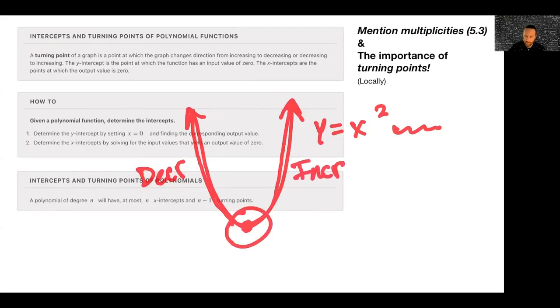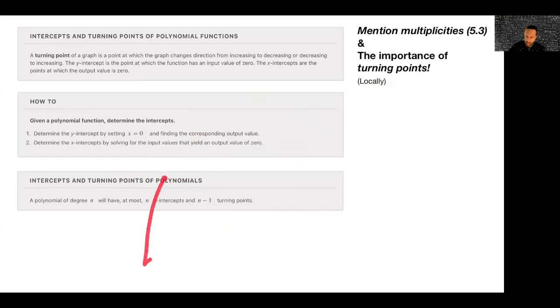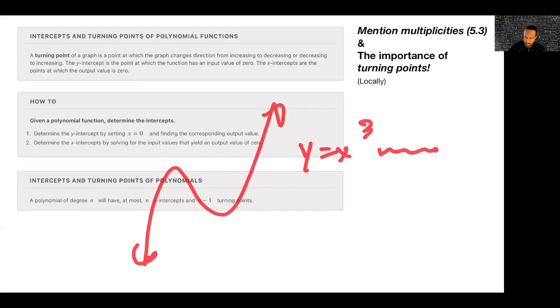But there was a point where it turned from one to the other. So hopefully you're noticing a pattern. When we had a degree of 2 in our polynomial, there was 1 turning point. When we had a degree of 3, there were 2 turning points.